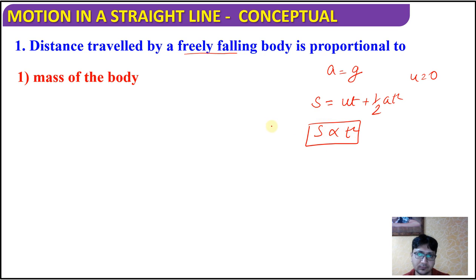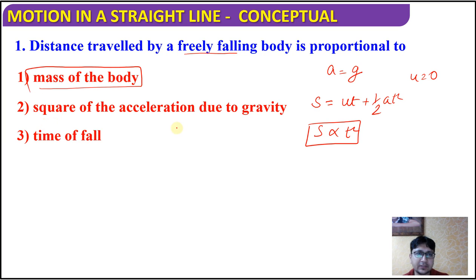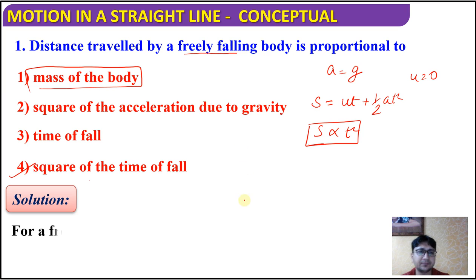Let's see the options. Mass, no, it does not depend on mass. Square of acceleration, no. Time of fall, let's see. Square of time of fall. I think this is the answer.